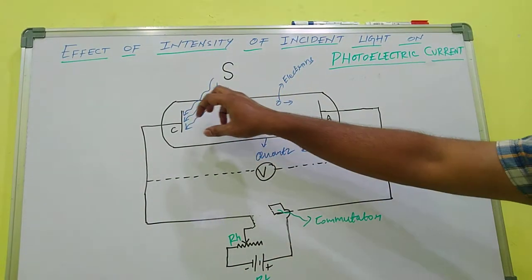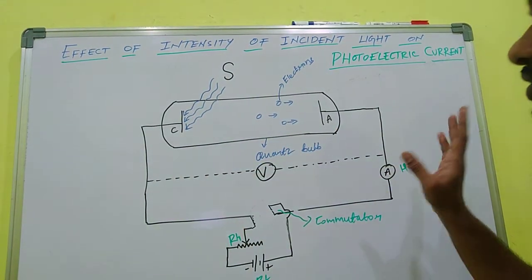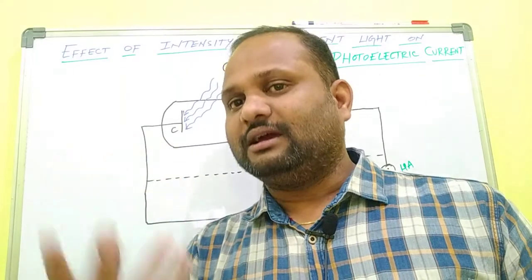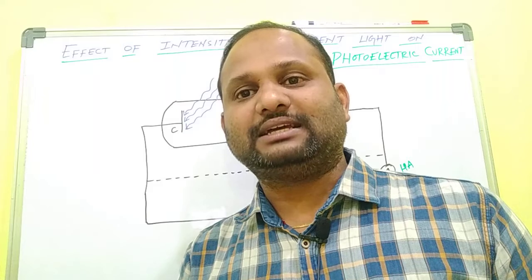So this movement of electrons completes the circuit. Due to the movement of photoelectrons, the circuit will be closed and current will be produced.